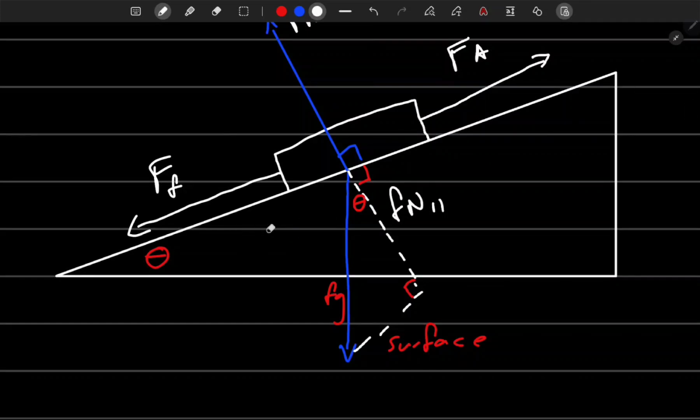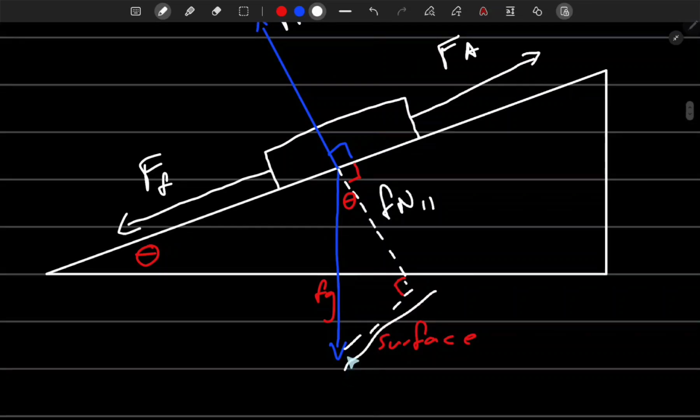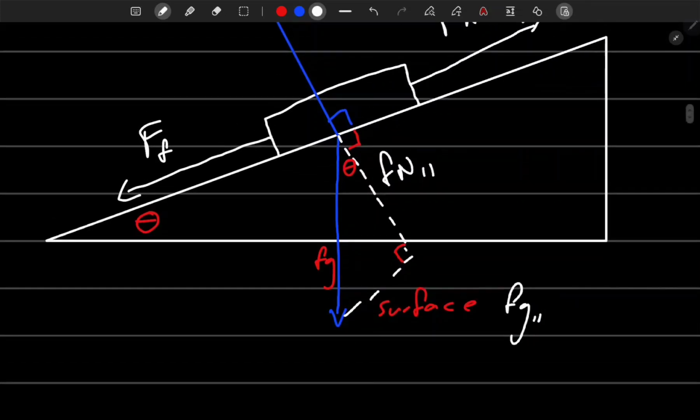Because of that, we have this parallel component of the force of gravity. And the greater this component is, the faster this object is going to be pulled down. So what we care about here is the FG parallel component, right? Which is the force that is causing this object to want to come down.